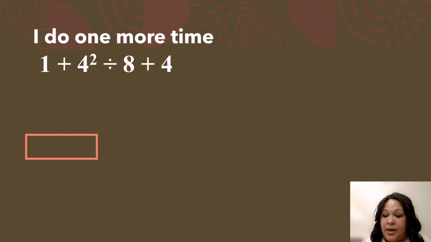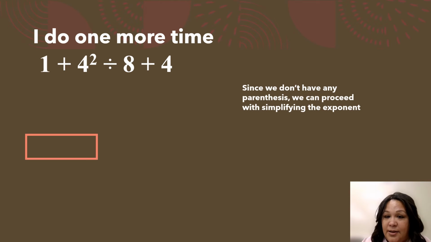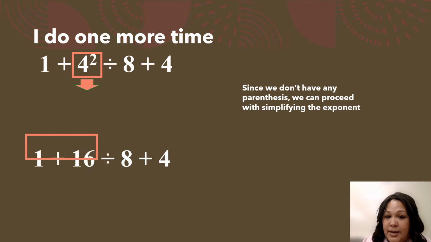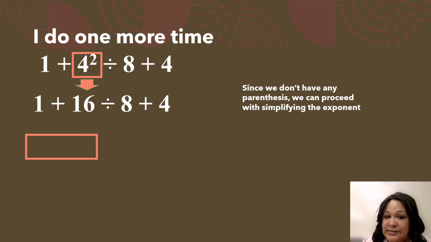Next, we will look for some multiplication. We don't have any of that, but since we don't have the parentheses, we can go ahead and proceed with simplifying the exponent. We did our 4 squared, and now we have 1 plus 16 divided by 8 plus 4, because 4 squared is 16, okay?